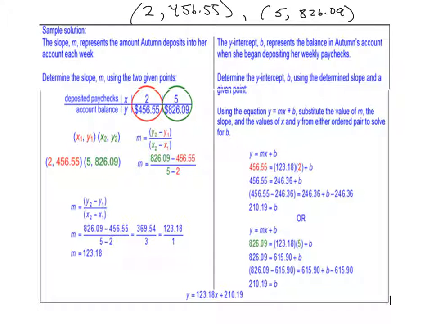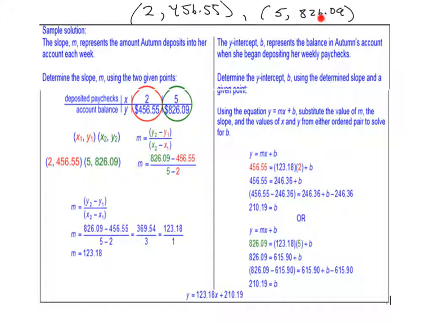So now we can find slope just simply by using the slope formula, which we know as m is equal to y sub 2 minus y sub 1 divided by x sub 2 minus x sub 1. So here we go. If we find slope, then we're going to take the second value of x, which is 5, minus the first value of x, which is 2. This is what they did here.